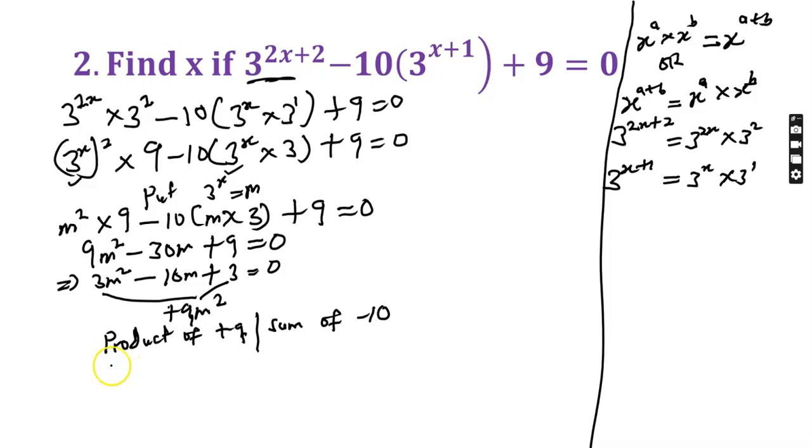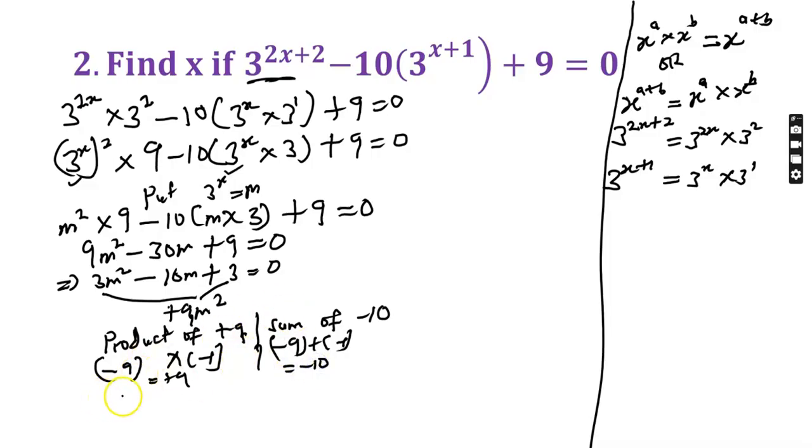Such numbers are minus 9 and minus 1. If you multiply them together, you get plus 9. If you add them together, minus 9 plus minus 1, you get minus 10.